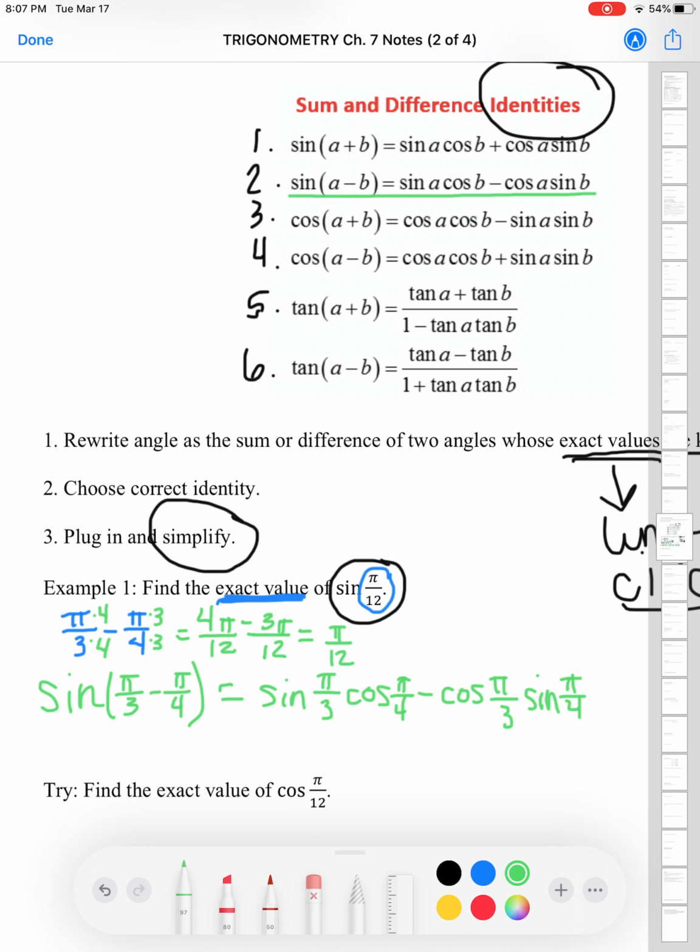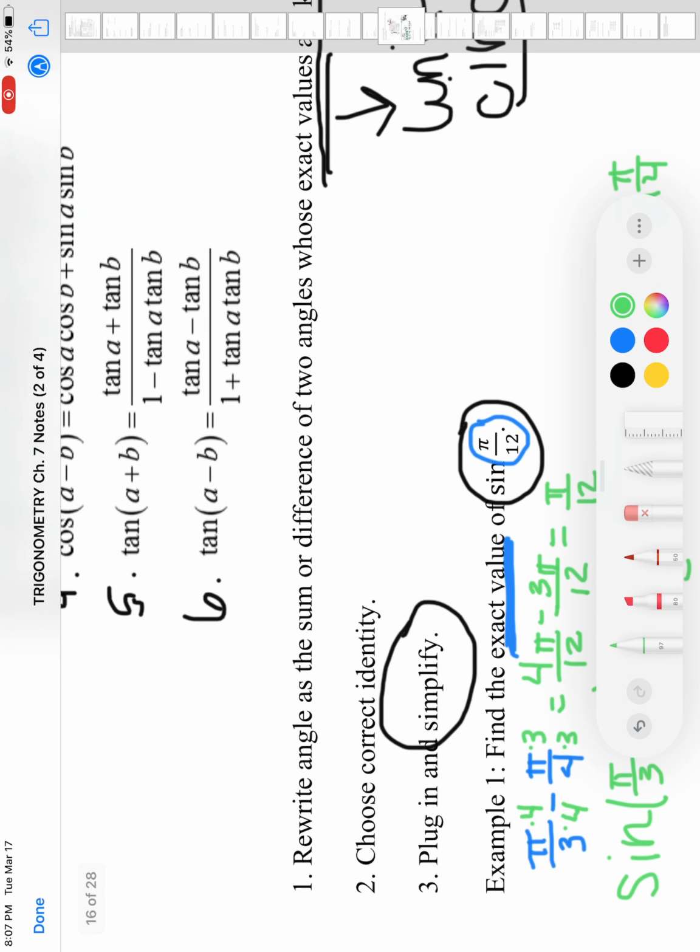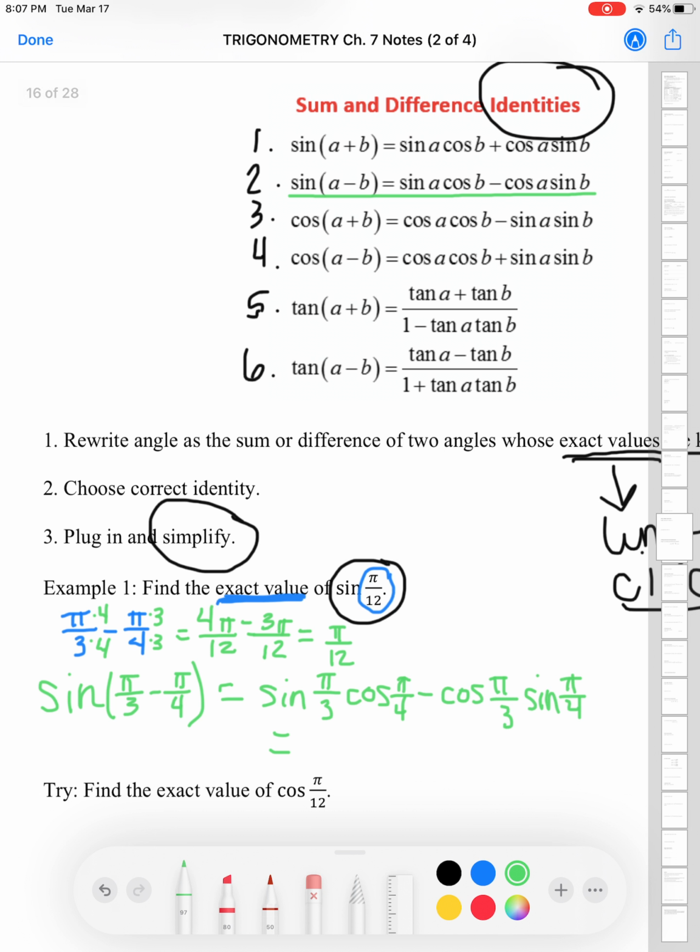Well, the sine of pi over 3 we know from the unit circle is root 3 over 2. And cosine of pi over 4 is root 2 over 2. Minus cosine of pi over 3 is a half.